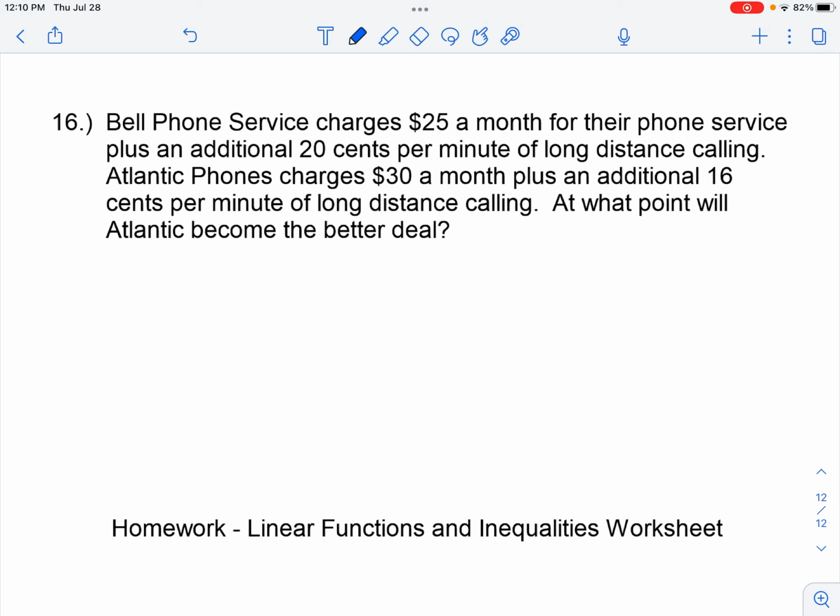Now, we want to know at what point one will be cheaper than the other, so we're going to do this with an inequality. But I'm going to organize it. We're going to do information about Bell on one side and Atlantic on the other. Now, Bell is going to charge you $25 every month, no matter what. That is a flat rate, okay? Then they're going to charge you 20 cents for every minute of long-distance calling.